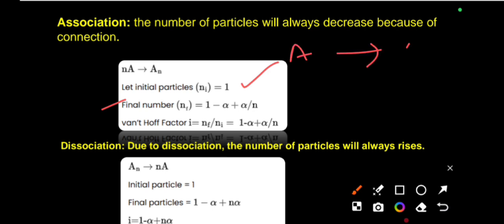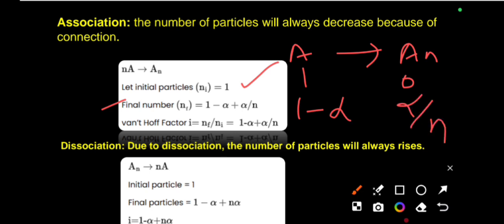Suppose A gives An. Initially you have taken 1, and at that time there are no moles of An, but after some time it becomes 1 minus alpha of A, and alpha by n of An. So the total number of moles present in the solution is 1 minus alpha plus alpha by n. The Van't Hoff factor is 1 minus alpha plus alpha by n divided by the quantity you have taken. We have taken 1, so no need to write. So the Van't Hoff factor is equal to 1 minus alpha plus alpha by n.